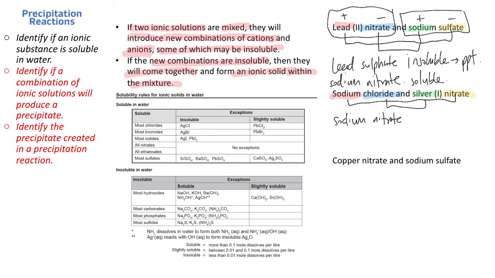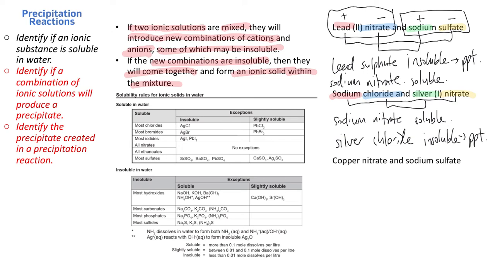We just did sodium nitrate, so that one is soluble. Now we're going to look at silver chloride. We look at the chloride, the anion. So chloride is, oh, here it is, most chlorides. And then we check the silver. Is it an exception? Yes, it is. That's insoluble. So therefore, if that is insoluble, that's going to form a precipitate.